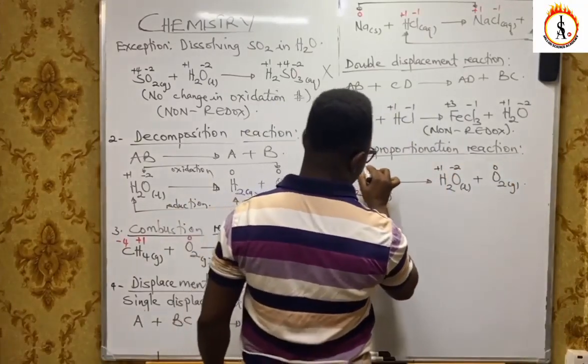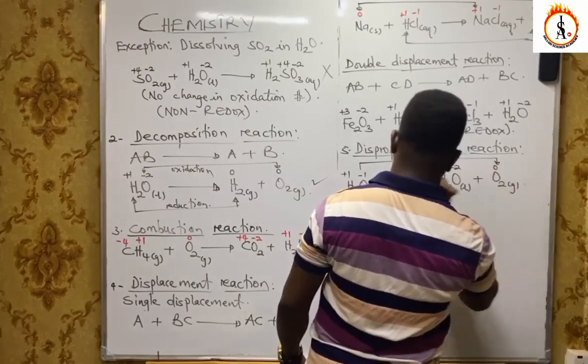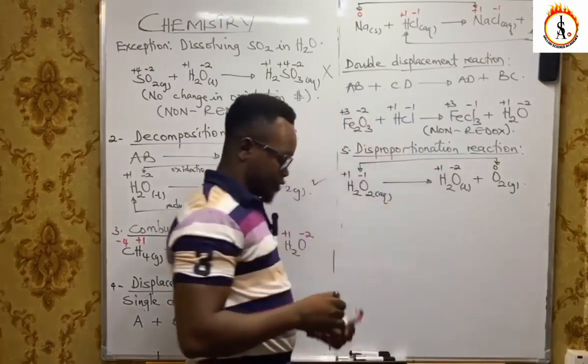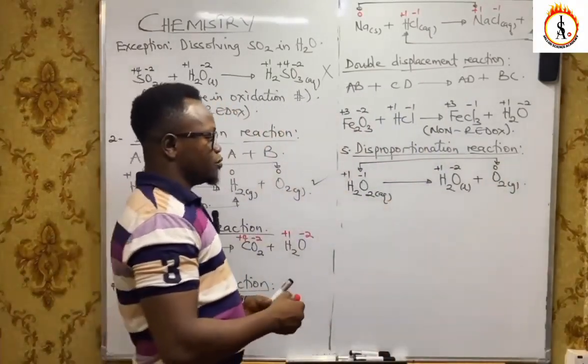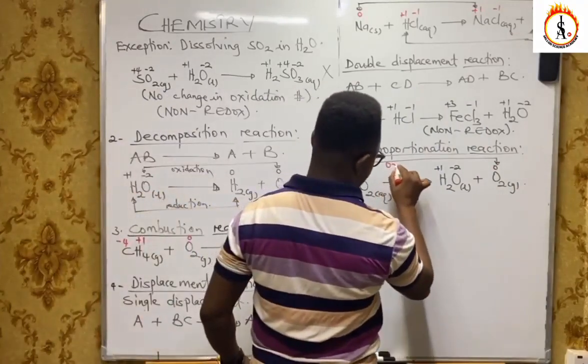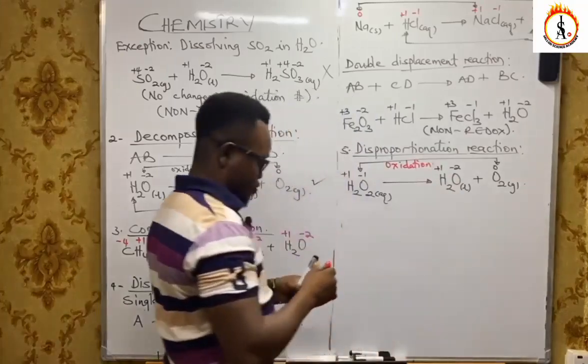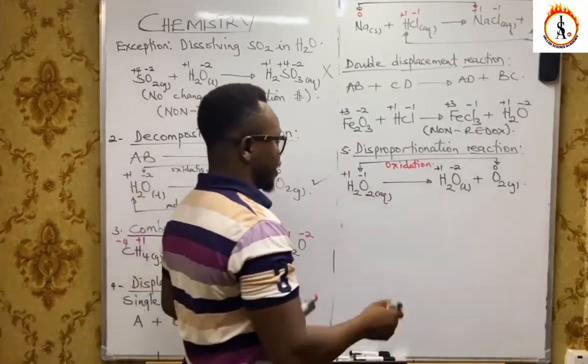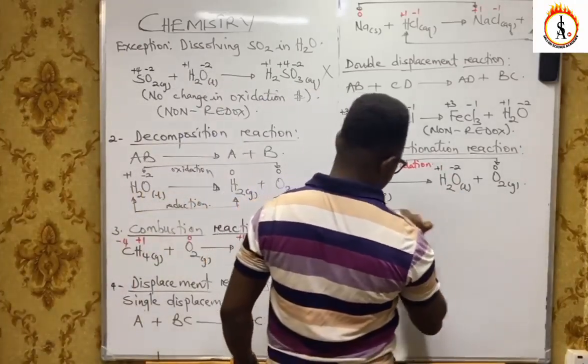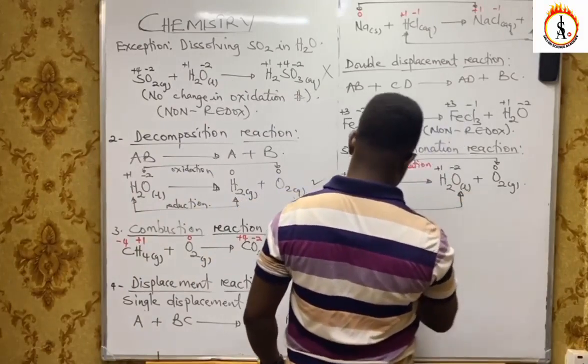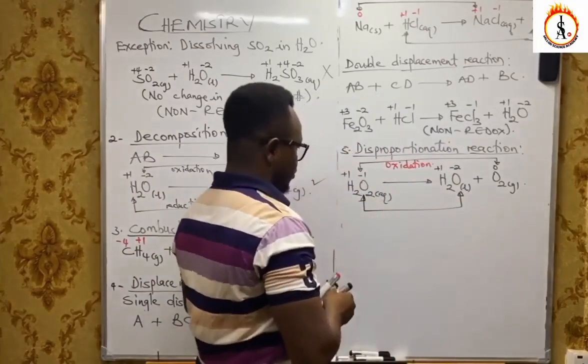So you find out that what? In this reaction, oxygen increases in oxidation number. So that tells us here it is oxidation that is taking place. Okay? And here, this same oxygen again decreased in oxidation numbers.